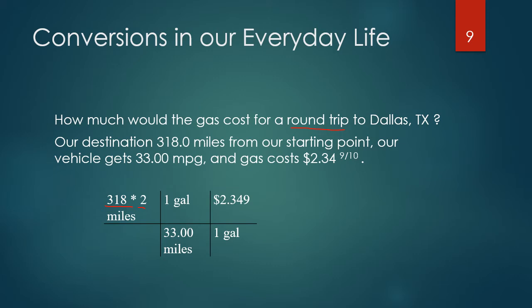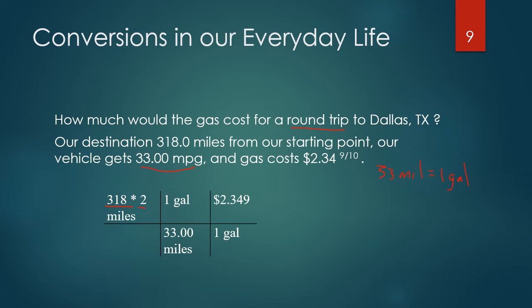Next, we're going to use the miles per gallon and the cost of gas as conversion factors. So if your vehicle gets 33 miles per gallon, that's actually a conversion factor because it's saying that you have 33 miles is equal to 1 gallon of gas. So now it's written like a conversion factor, and what we can do is represent it as a fraction in 2 different ways.